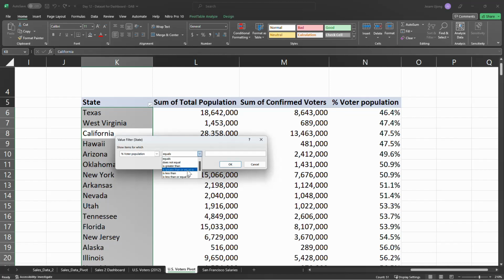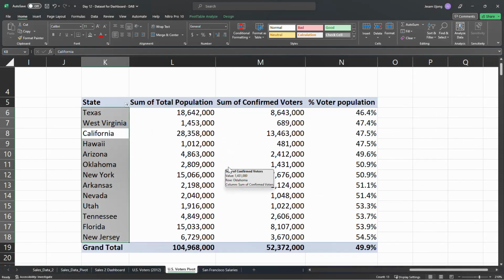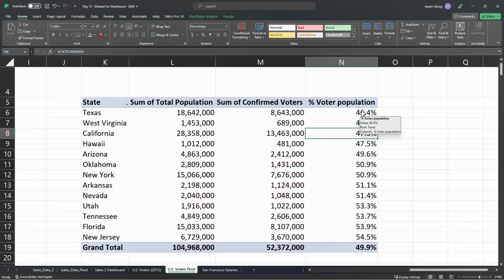There's a drop down that gives different options. So I select where it's less than, then 55%. Okay, and there we have it.